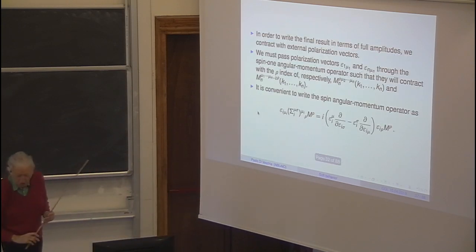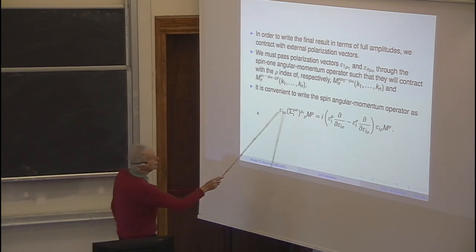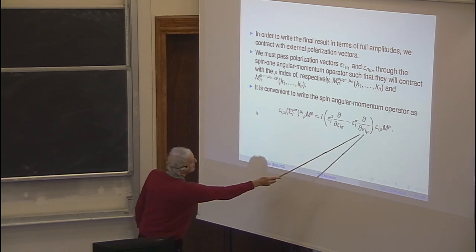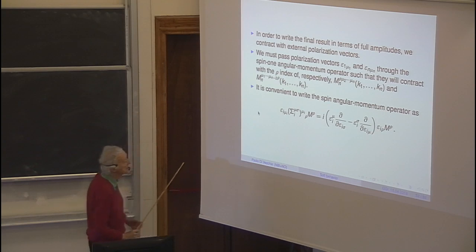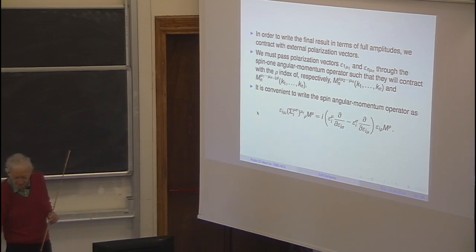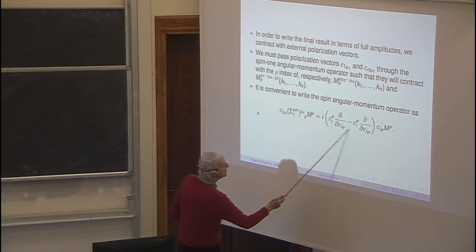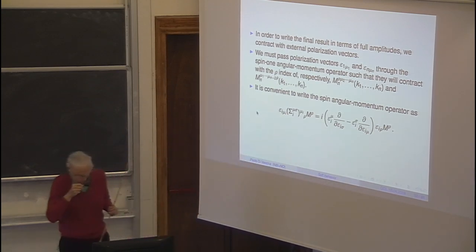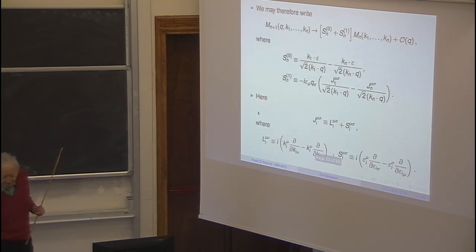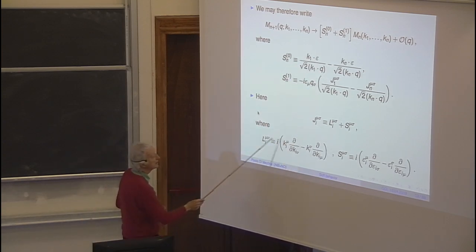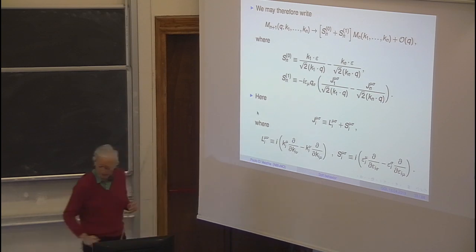And you can check that the polarization, so instead of writing in terms of sigma, you can write sigma in terms of this object here. So when you saturate the amplitude with the polarization, this is the spin contribution. And so you have the 1 over q and q to the 0 term like that, and this is the total angular momentum.